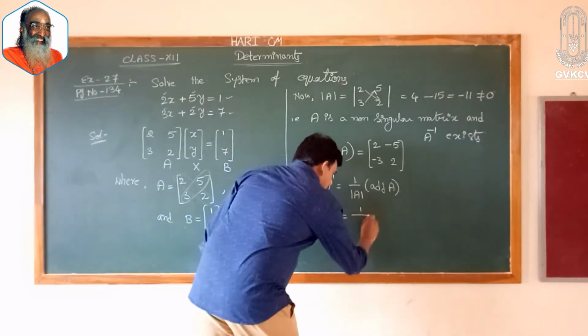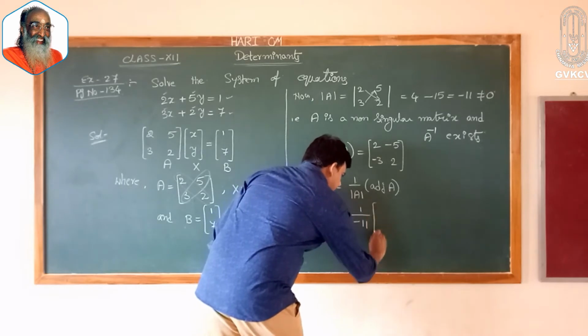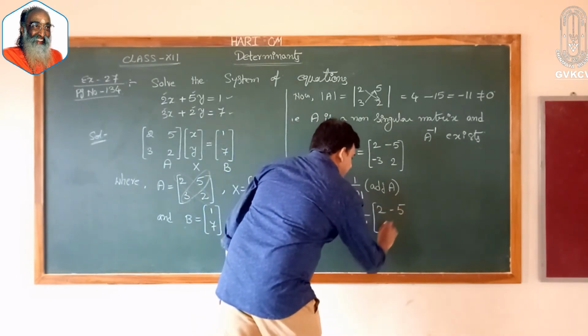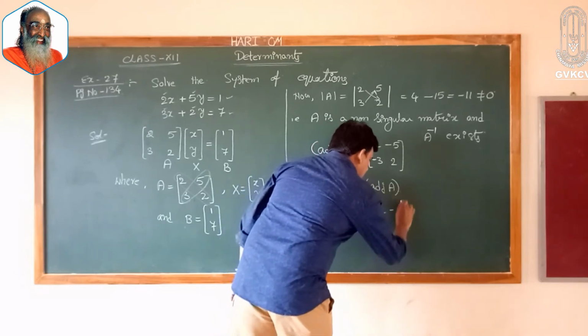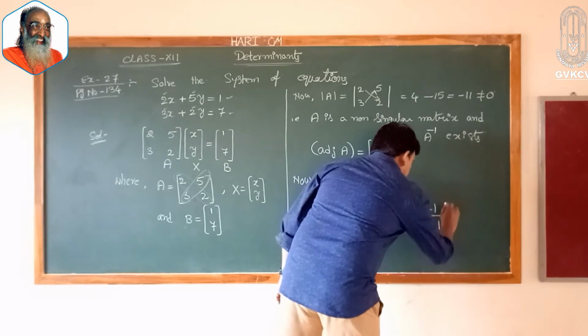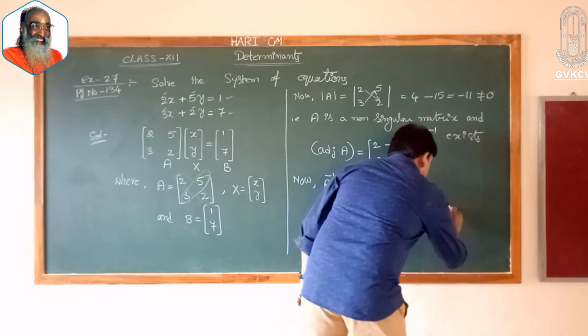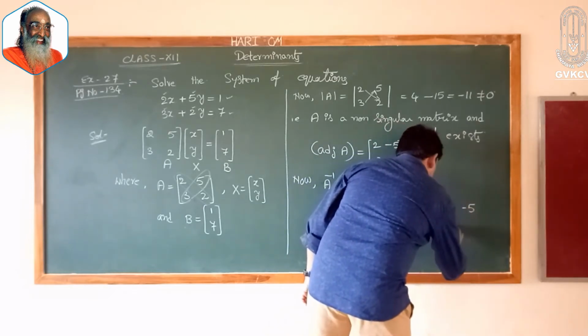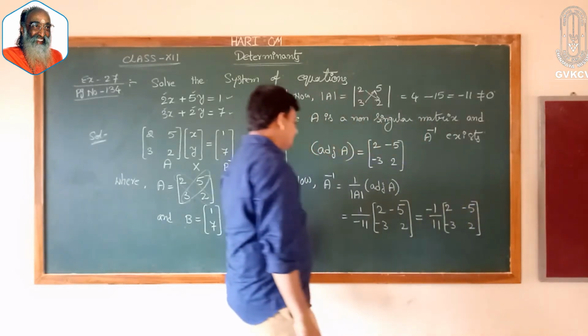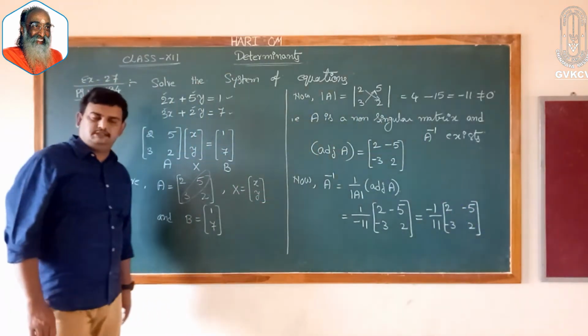So 1 by -11 into adjoint of A, which is 2, -5, -3, 2. That can be written as -1 by 11 into 2, -5, -3, 2. This is A inverse.